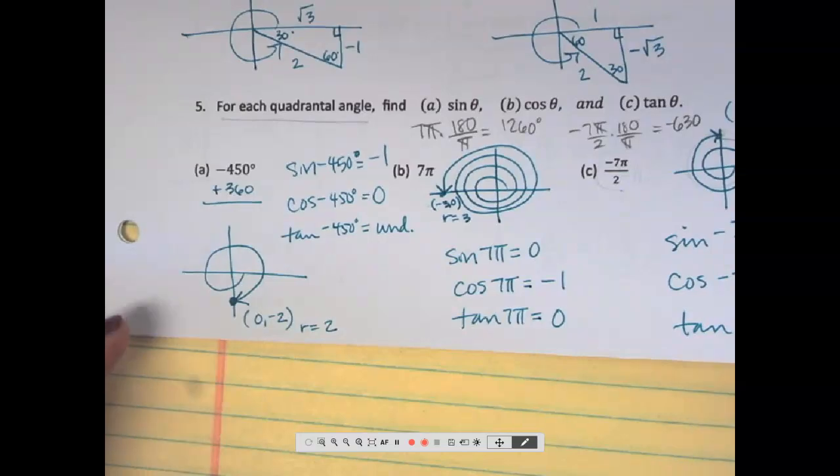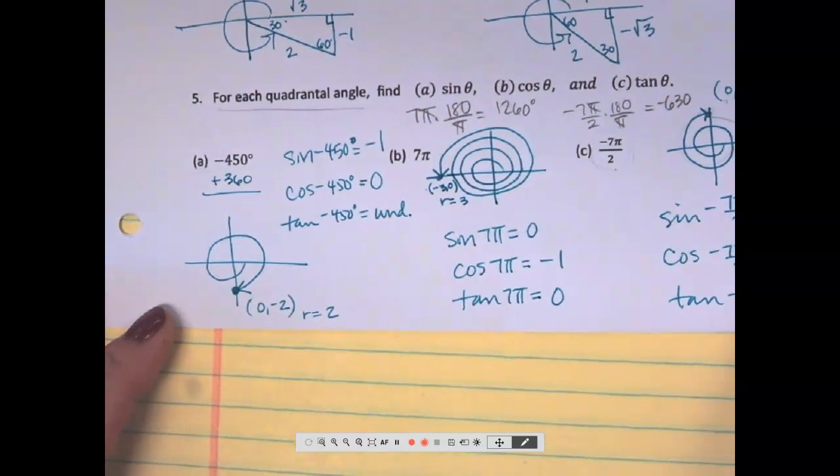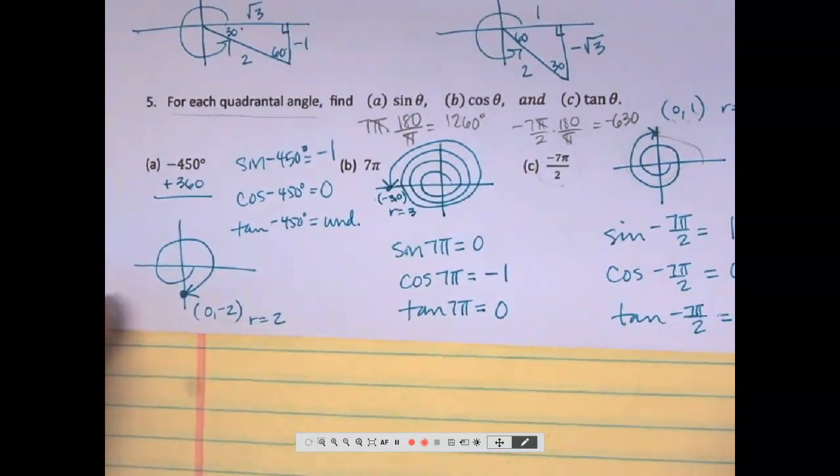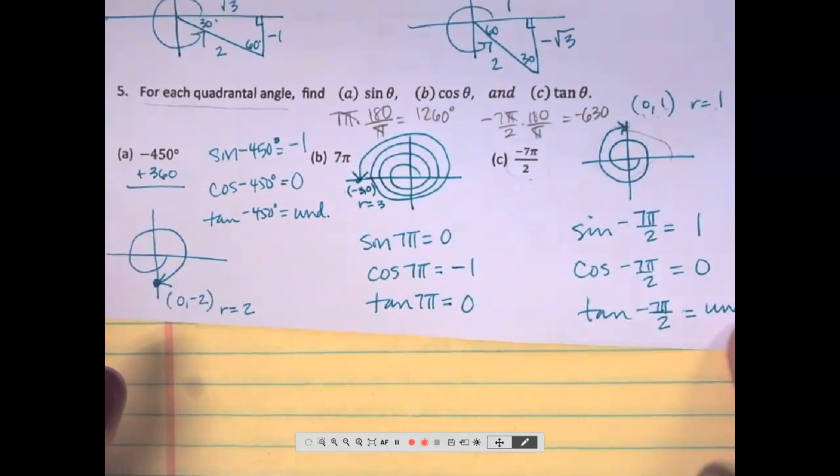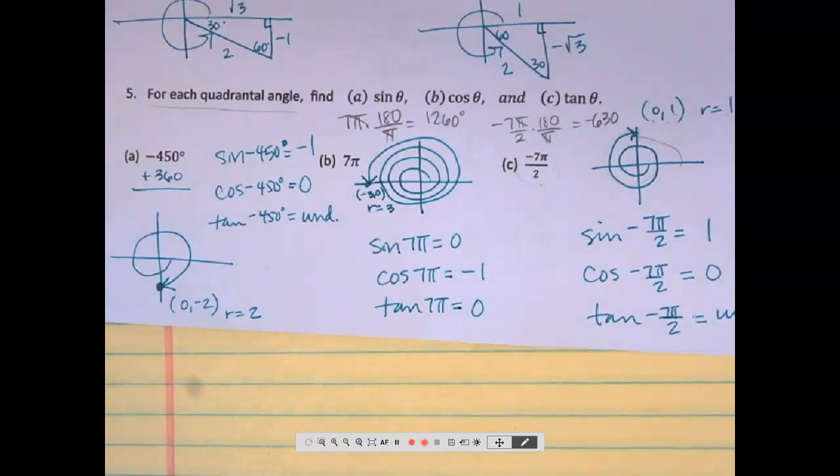Okay, so then at the bottom, those were all quadrantal, which means they stop rotating on an axis, not in a quadrant at all. And that last answer there says undefined. Any questions? How do you find the radius on these?